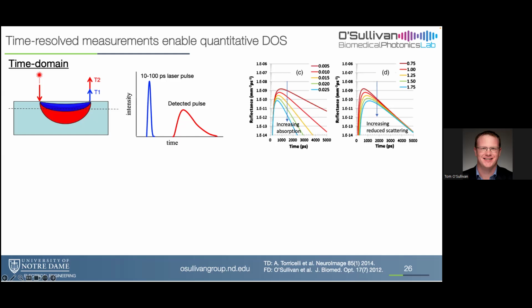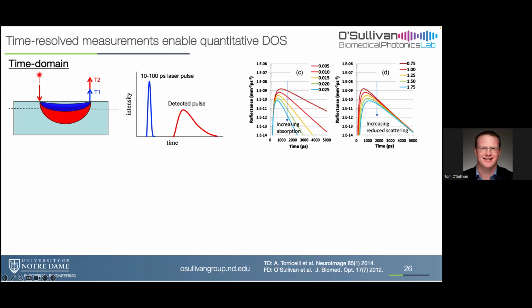All the photons travel at the same speed, so what does it mean if they arrive later? Longer path length, more opportunity to absorb, because absorption happens much less frequently in this regime than scattering. So we see that effect more in the later arriving photons.